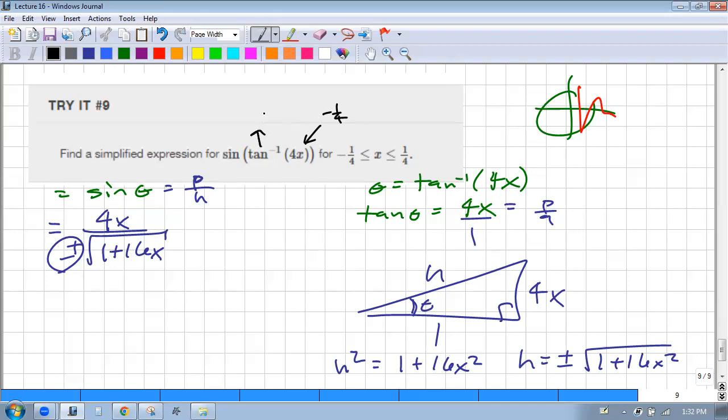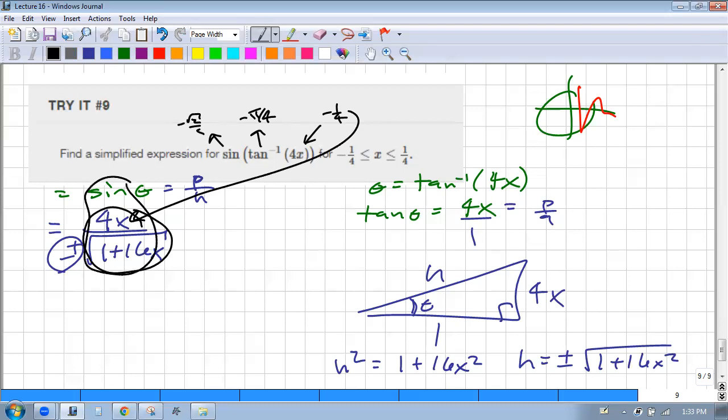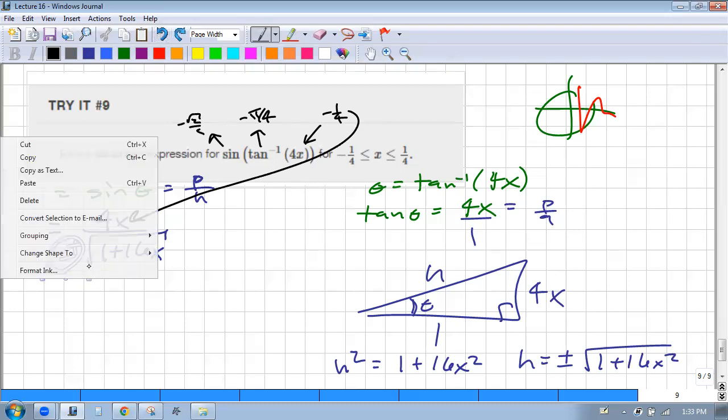So 4 times a minus 1/4 is minus 1. Tangent inverse of minus 1 is minus pi over 4, and sine of minus pi over 4 is minus root 2 over 2. So if I plug in a negative number, I get a negative number, and sine should be a negative number. That means you want to get rid of those.